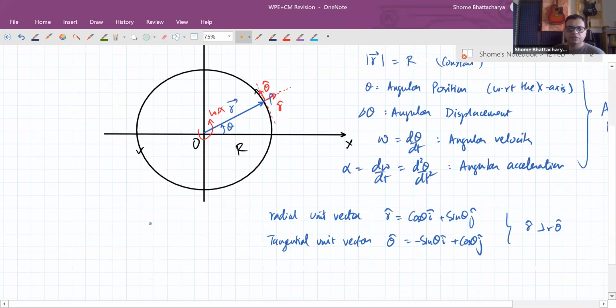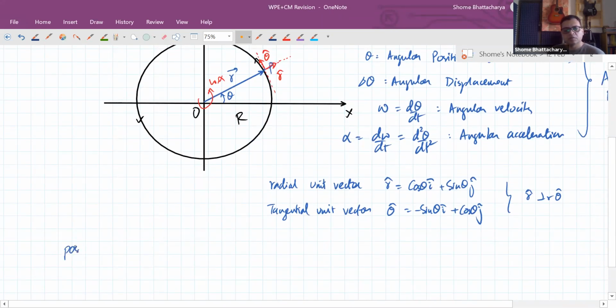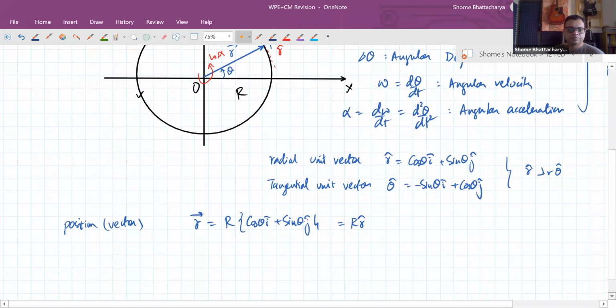So from the diagram, one can see that the position vector will simply be defined as the magnitude of the position vector, which is constant, times cos theta i cap plus sin theta j cap, where this is nothing but the radial unit vector. So it is nothing but the magnitude of the radius multiplied by the radial unit vector.